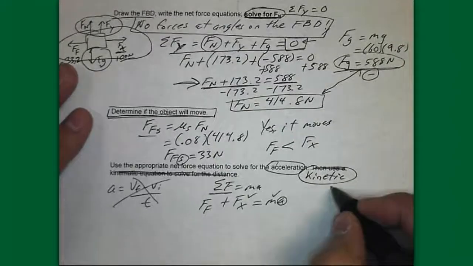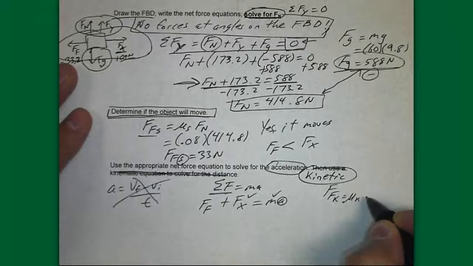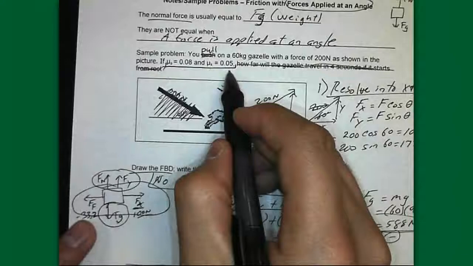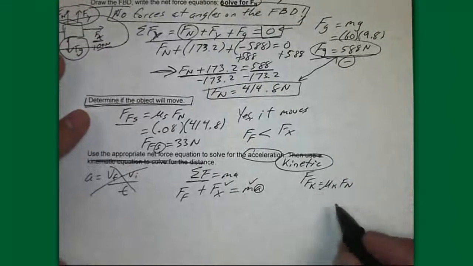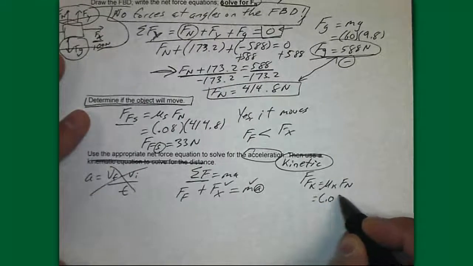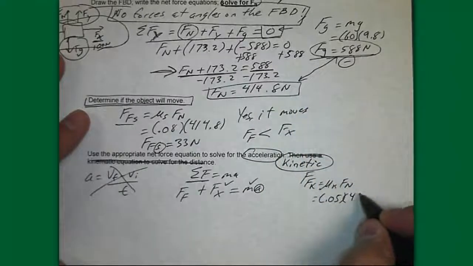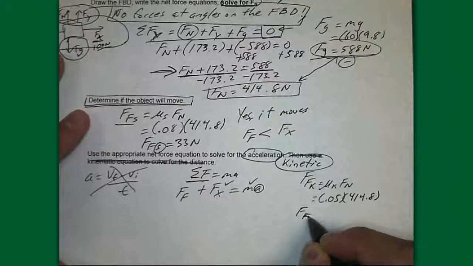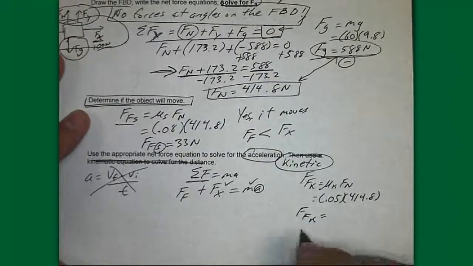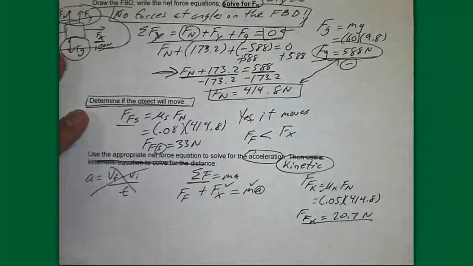So I've got to first calculate the force of kinetic friction by using the same equation. And I can look up here and use my other coefficient now, 0.05. So mu k is 0.05. Normal force hasn't changed. Then if you multiply those together, you'll find a kinetic friction force of 20.7 newtons.